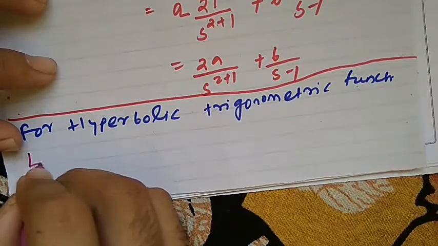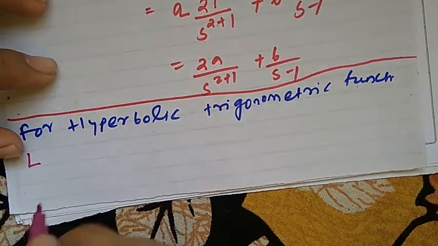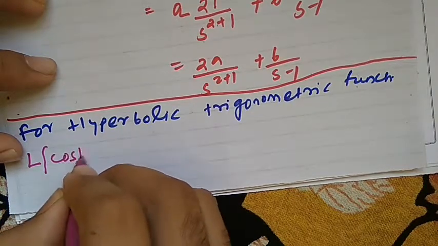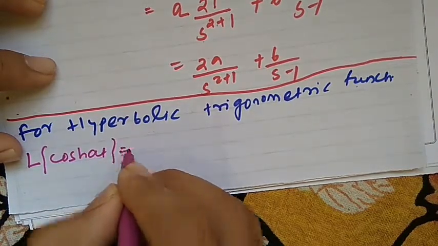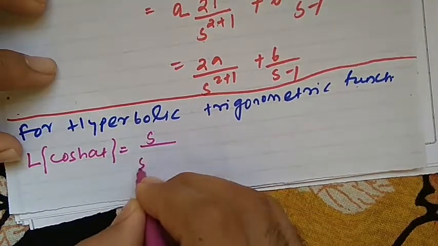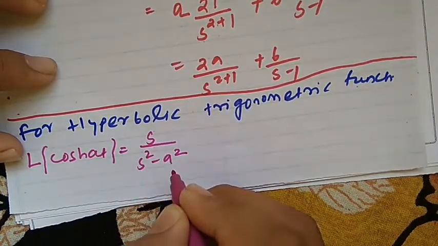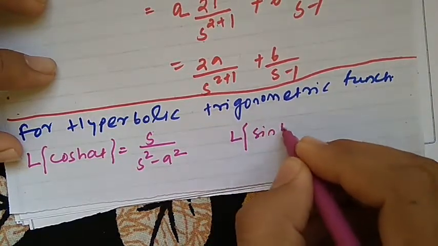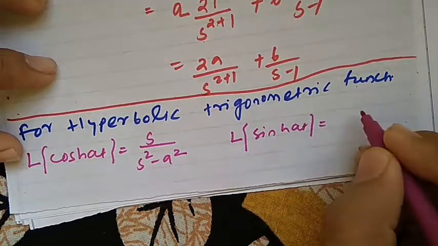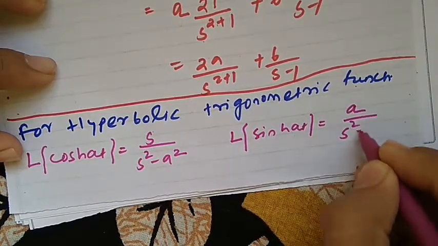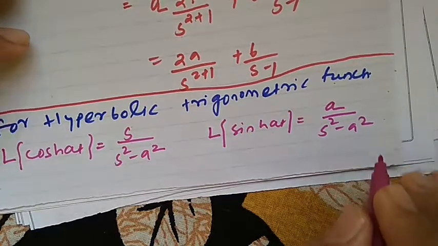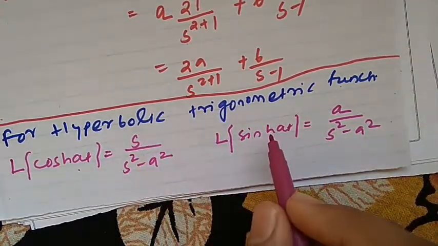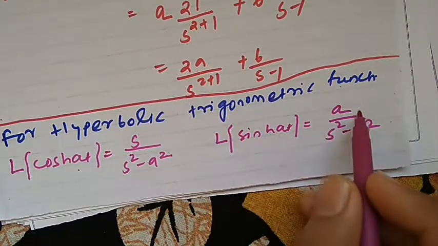L of cosh at is equal to s by s square minus a square, and the Laplace transformation of sinh at is equal to a by s square minus a square. These formulas are similar and easy to remember. In the cosh the numerator is s, and in the hyperbolic sine the numerator is a.